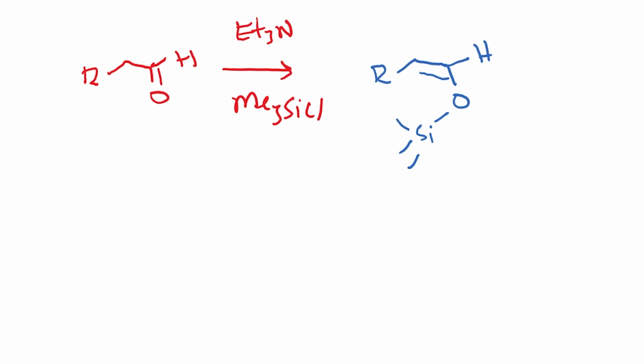And silyl enol ethers, as you know, are very stable, they can be isolated and so on. Okay, so the reaction of silyl enol ethers, you may recall, requires a Lewis acid such as titanium tetrachloride.